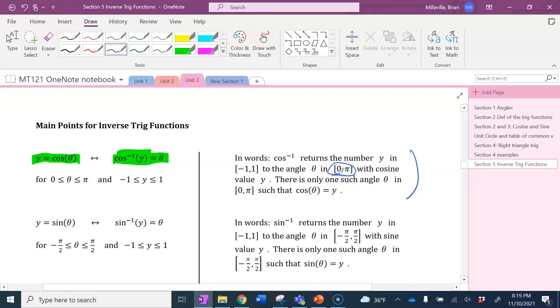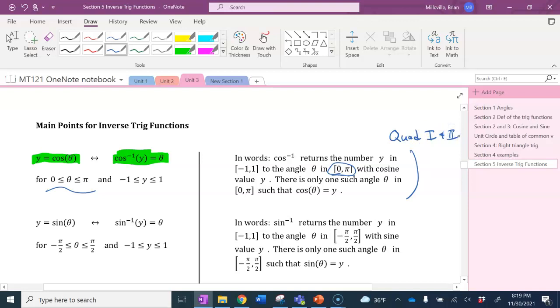It turns out you have to restrict the cosine function to that interval from 0 to pi to make the inverse make sense. There's only one angle theta in the interval from 0 to pi such that cosine of that angle is equal to y. I have it written lower below, but this is going to correspond to quadrants 1 and 2.